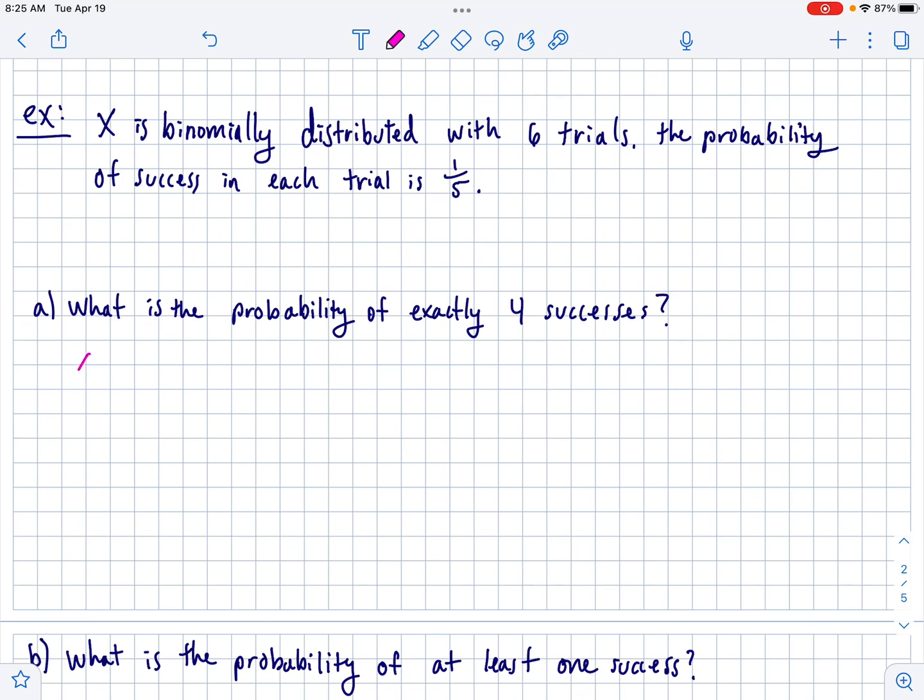But now that we have this, here's how you'd write it. X is binomially distributed with 6 trials, and the probability of success is 1/5.